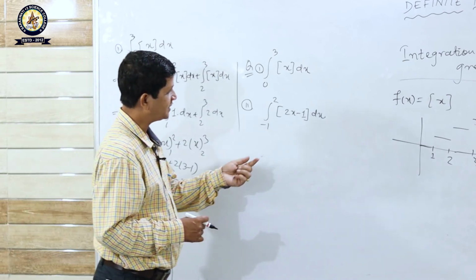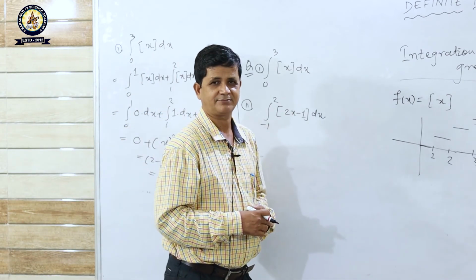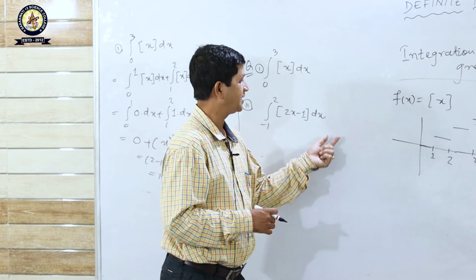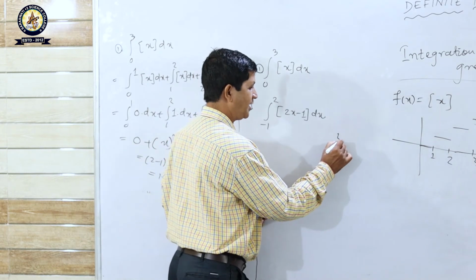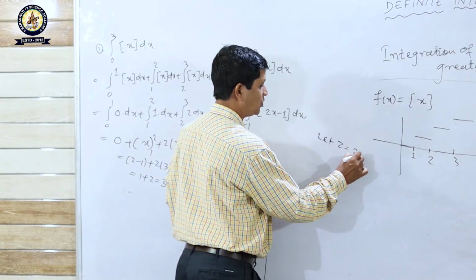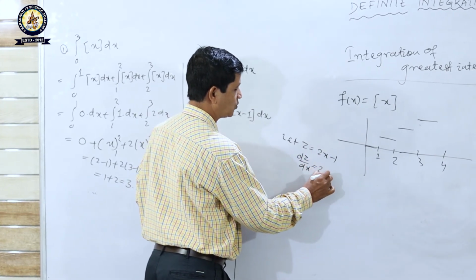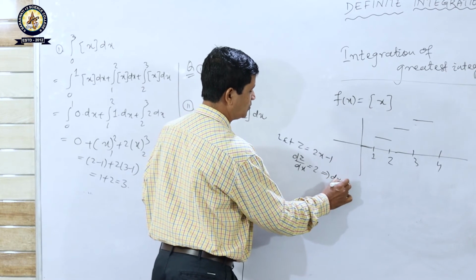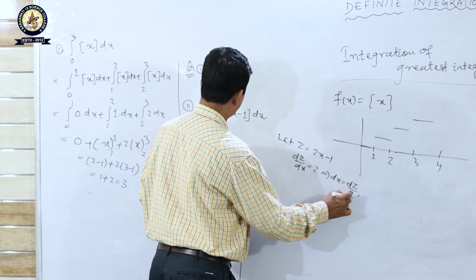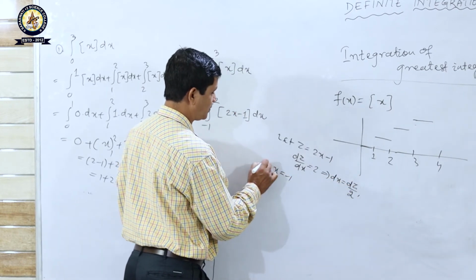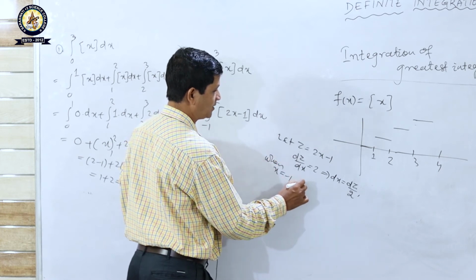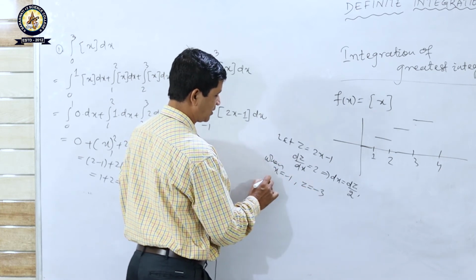Similarly, in this case, take 2x minus 1 as z. Let z equal 2x minus 1, dz by dx equals 2, and dx equals dz by 2. When x equals minus 1, z equals minus 3.